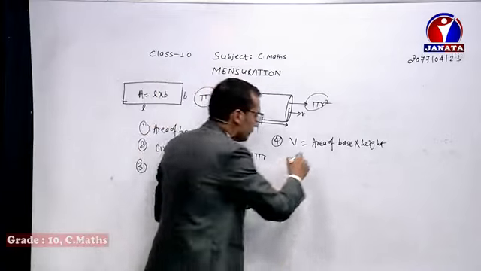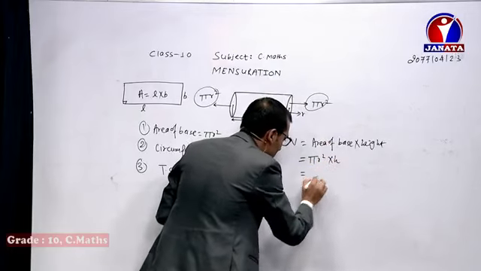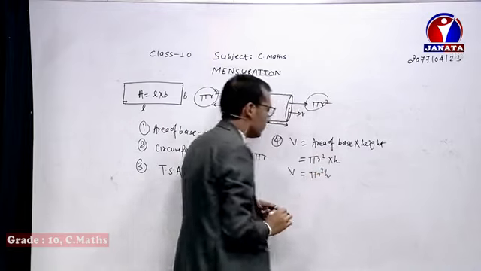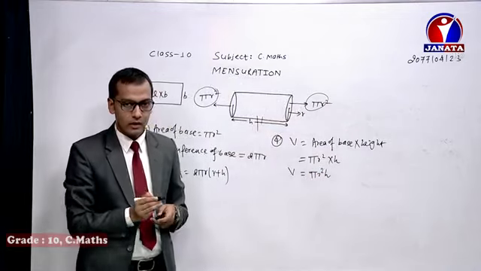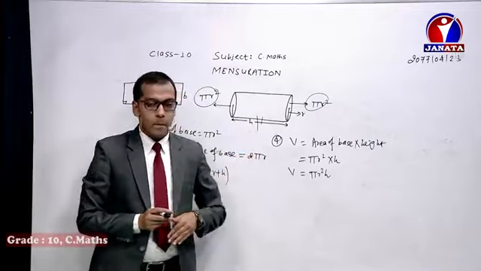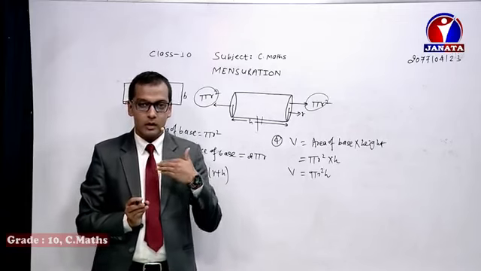Pi r square. Pi r square times height. So what is the volume? Therefore volume is pi r square times height, in cubic units. So this is the main concept in case of a cylinder.